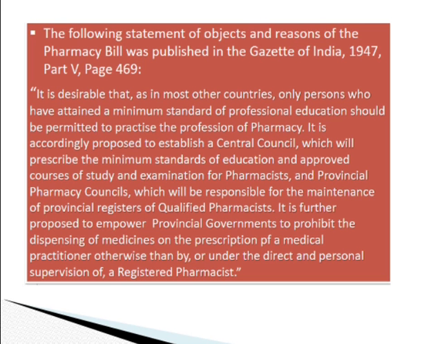He is already registered or eligible for registration, having a complete qualification and having completed the duration of the course, and is practicing in the modern scientific system of medicine.